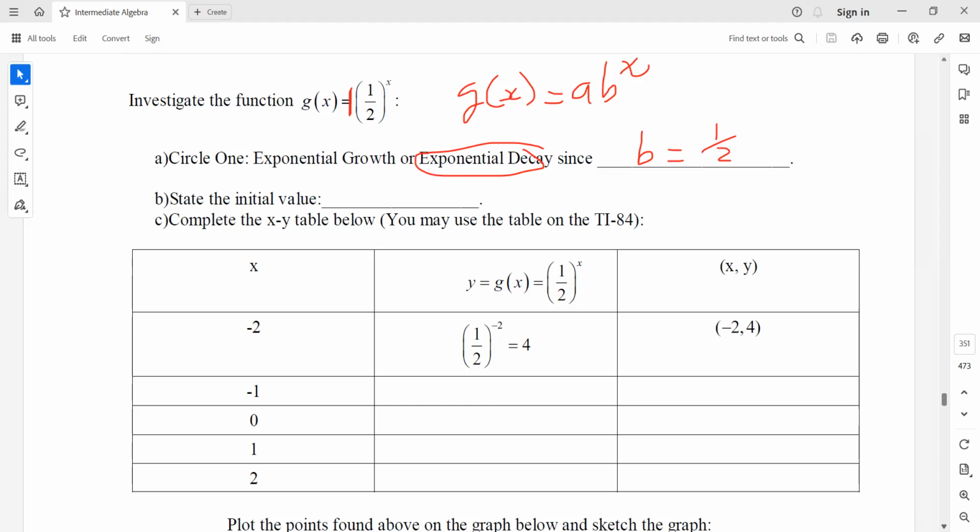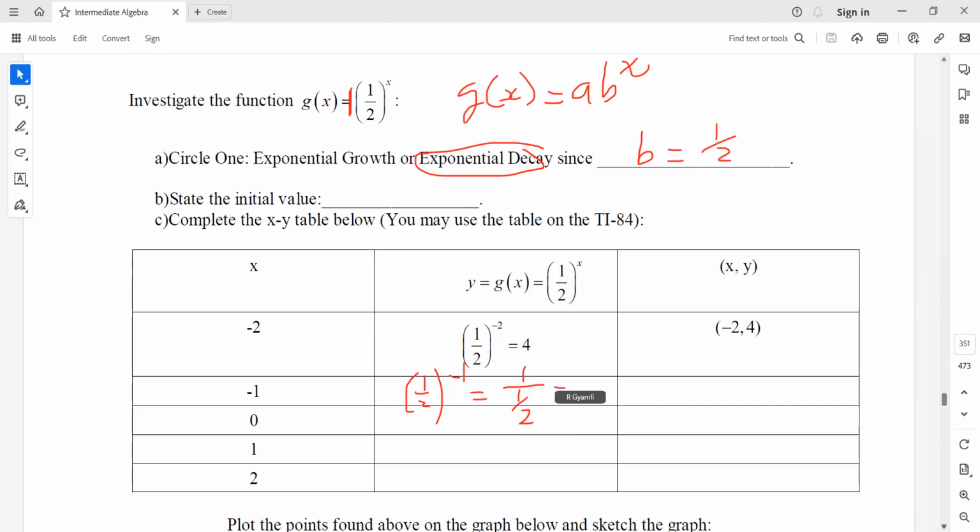Now, you're going to put the values in. Here you have fractions, so please take your time. Remember the negative exponent rule. That is going to help us. So, you have 1/2 to the power -1. Now, 1/2 to the power -1 is going to be 1 over 1/2, right?